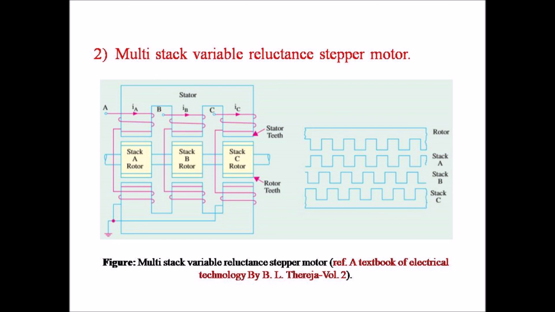Therefore, the stator pole winding of each stack forms one phase. Therefore, we can say that a multi-stack variable reluctance stepper motor has the same number of phases as the number of stacks. A 3-stack variable reluctance stepper motor has 3 phases.